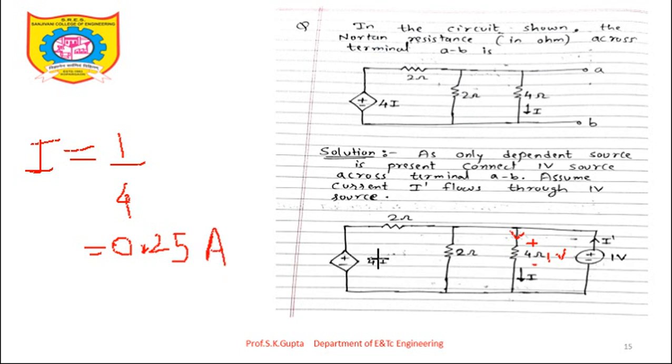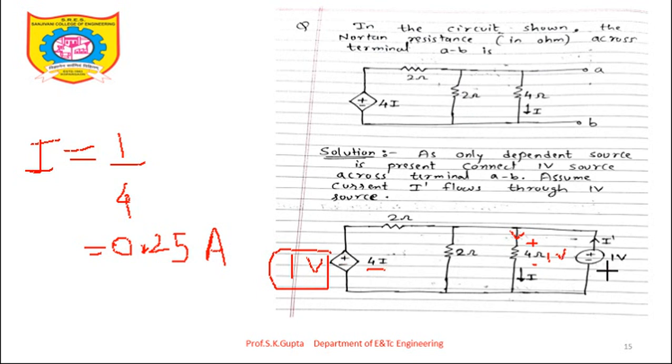Then what will be this 4I value? 4 into 0.25, 1 volt. This is a voltage source, since plus minus is written. Even though current is written, it is a current controlled voltage source. Plus minus means voltage source. So the voltage value is 1 volt. Why is it called a dependent source?